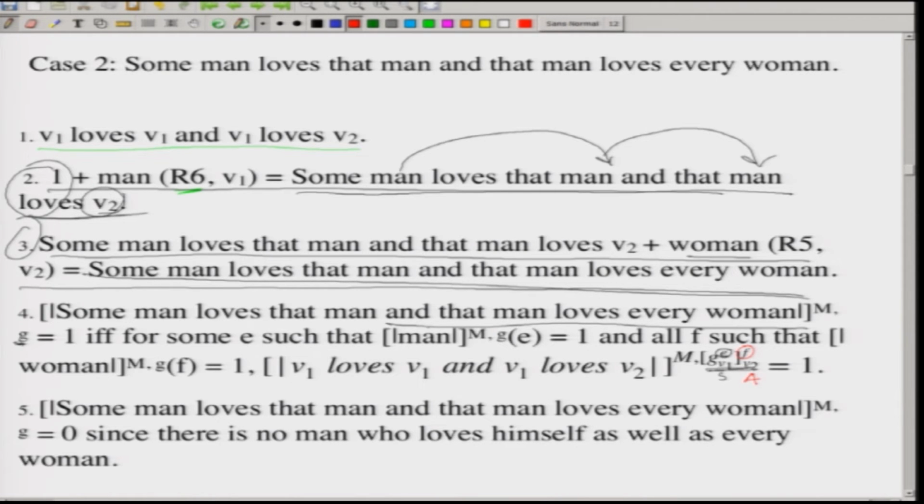Oh sorry, no, it is a little more complicated. So, the truth value of the whole thing should be computed together, not as two different things.